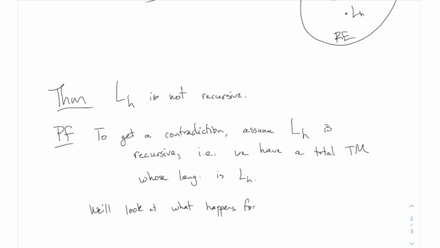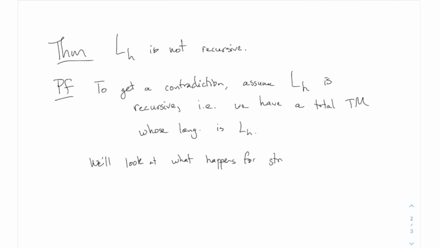This is the crazy idea. For strings like M#M, what if you try to run the Turing machine in a simulation using itself as the input? This is the crazy idea that's at the basis of this proof. We're going to look at what happens when you try to run this simulation of a machine using itself as the input.